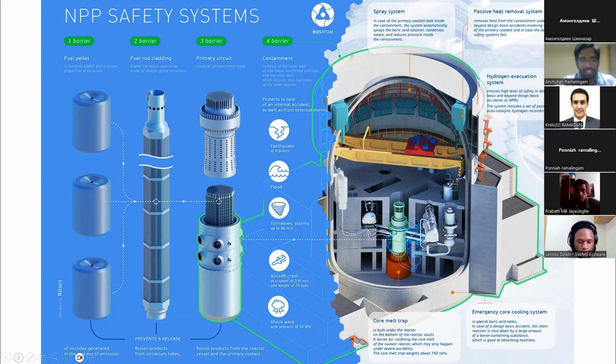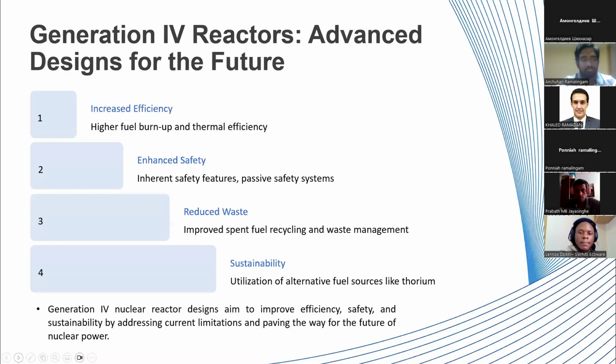First of all, the spray system, then the passive heat removal system, hydrogen evacuation system, the emergency core cooling systems, and the core melt trap. These are the advanced safety measures which are used nowadays inside the reactors. Next slide, please.